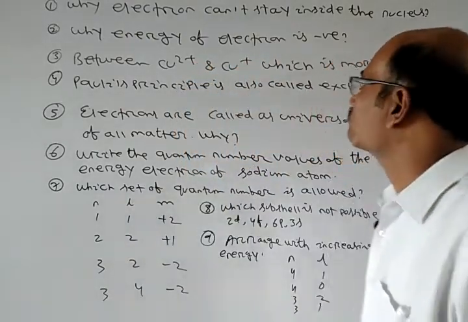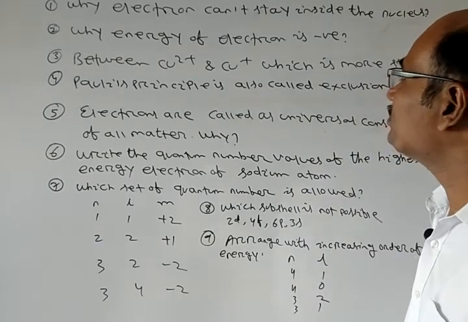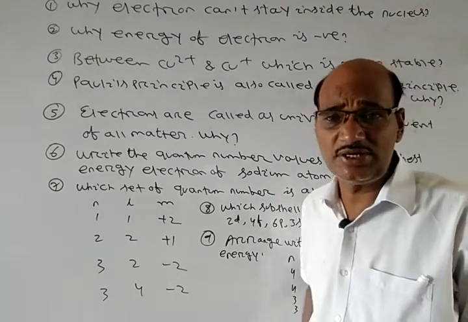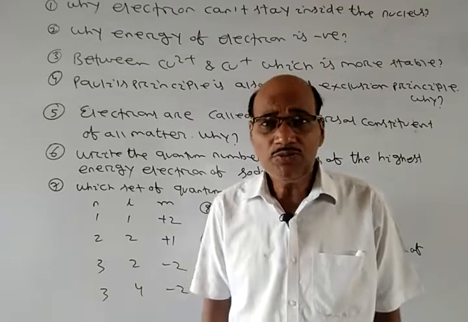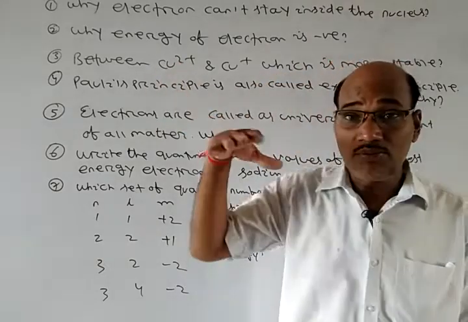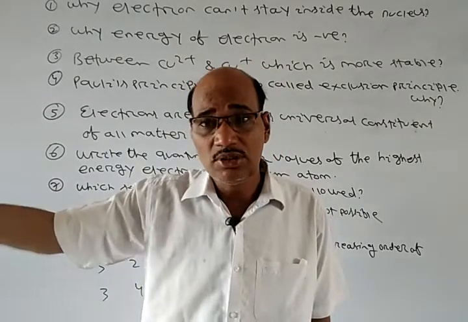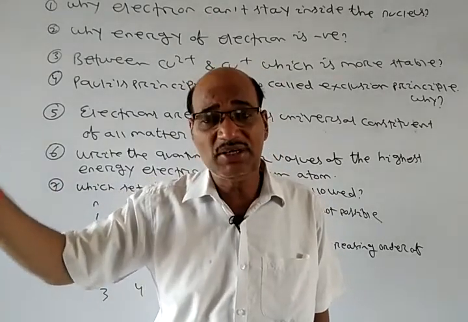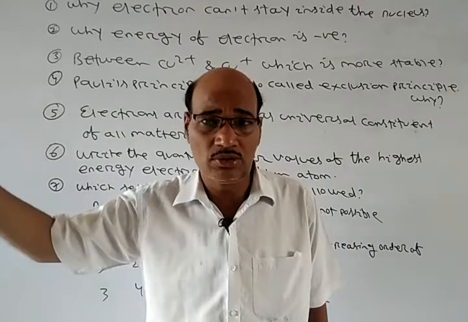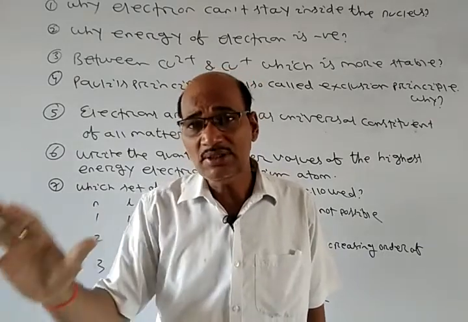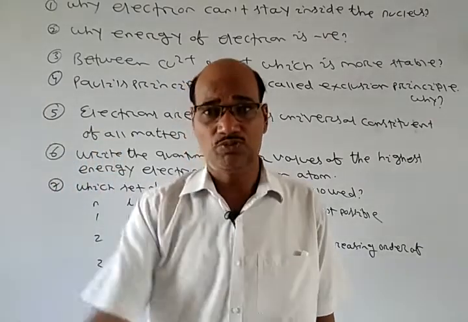Similarly, why is the energy of an electron negative? This we have also discussed already in Bohr's model of the atom. When the electron is at infinite distance, there is no attraction between the nucleus and the electron. There we take the energy of the electron as 0.